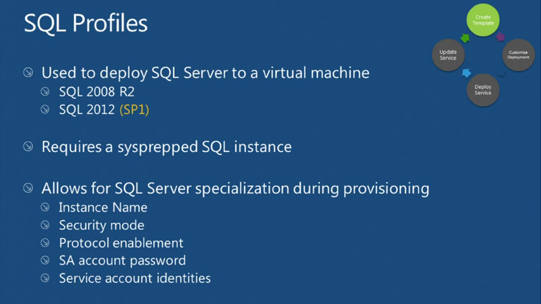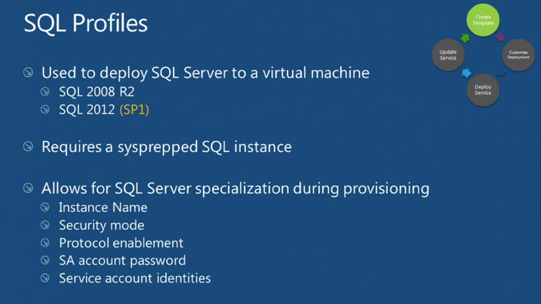And completing the installation is setting things like, well, what's the instance name going to be? And which authentication mode should it be in? And so forth. So we built a construct called a SQL profile. And by leveraging this, if you have a sysprep disk that has a sysprep instance of SQL in it, we'll go ahead and complete the installation of SQL at provisioning time.